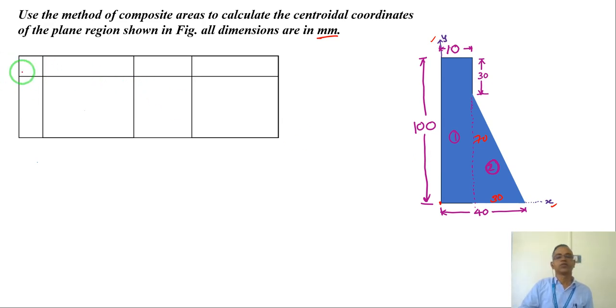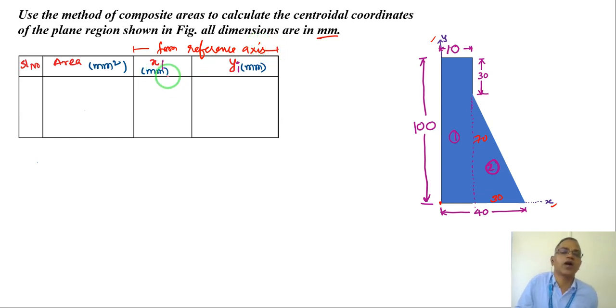Write down the first column as the serial number of areas, the area of each identified number, and the simple areas' centroids from the reference axis, very very important. This is from the reference axis. So this x bar, xi or yi, I am writing from the reference axis.